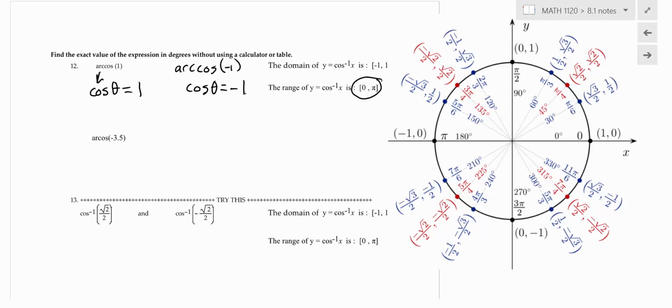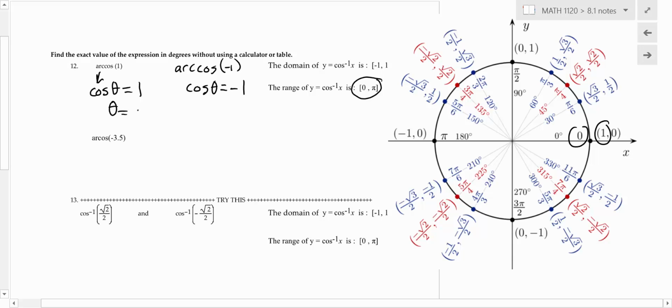So the cosine takes on the value of 1 at 0, so the arc cosine of 1 is going to be 0. And then the cosine takes on the value of negative 1 at pi, so the arc cosine of negative 1 is pi. Your answers are between 0 and pi, so we're good. Okay? Does that make sense?